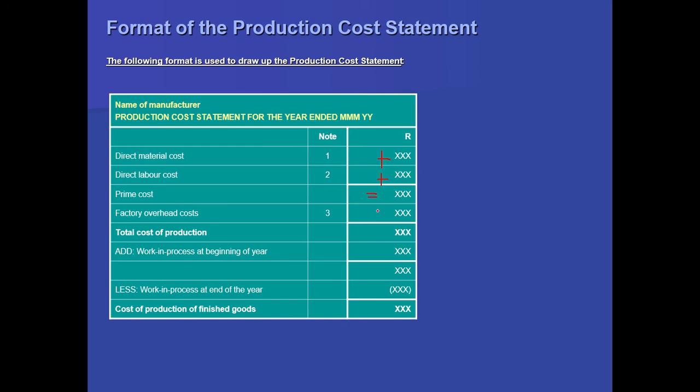And then you're going to add factory overheads. You will get total production cost. Then you're going to add work in progress or work in process at the beginning of the year, you minus work in process at the end of the year. It'll give you cost of finished goods. It'll simply give you cost of finished goods.